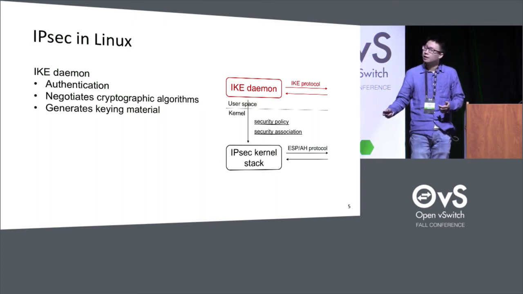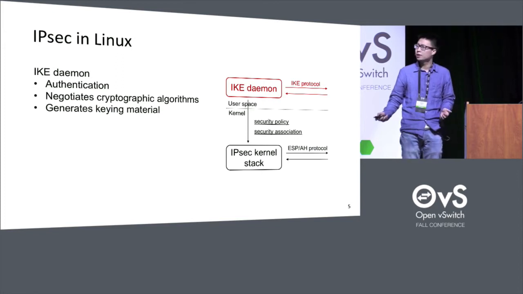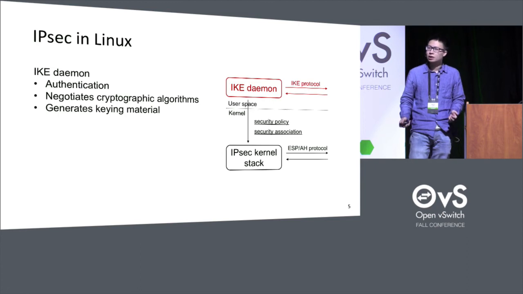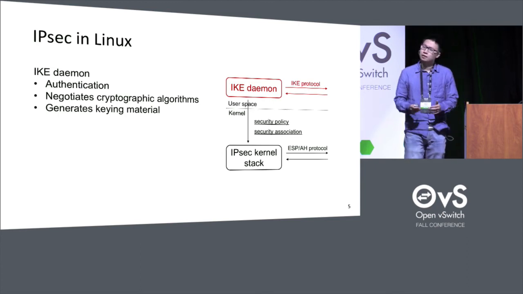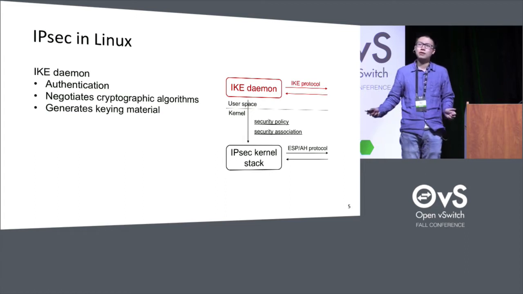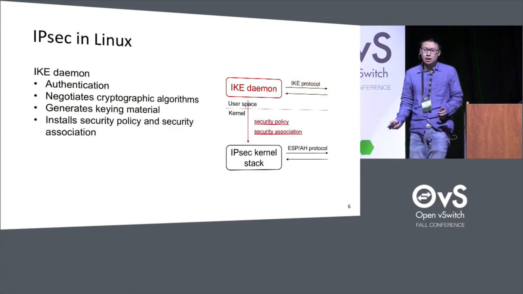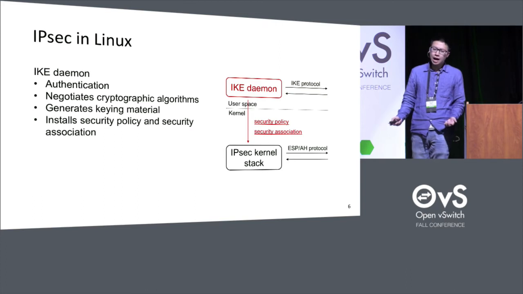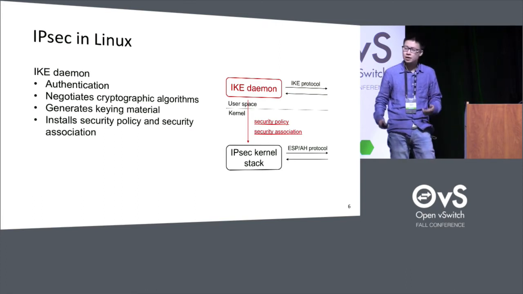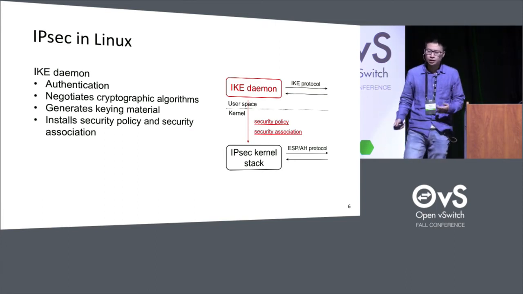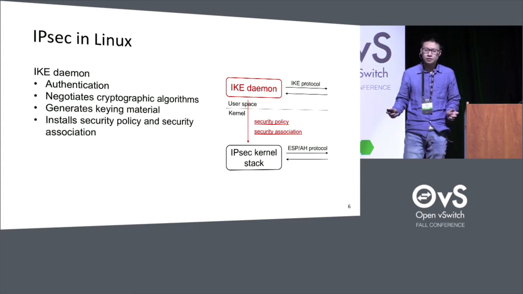After the negotiation, it generates the key material, the symmetric key, which is going to be used later for symmetric encryption and cryptographic hashing. After the IKE daemon finishes the negotiation, it installs the security policy and the security association into the kernel.